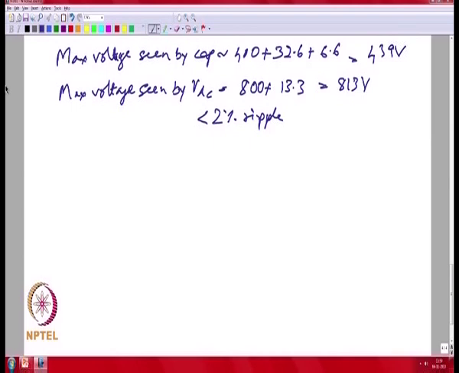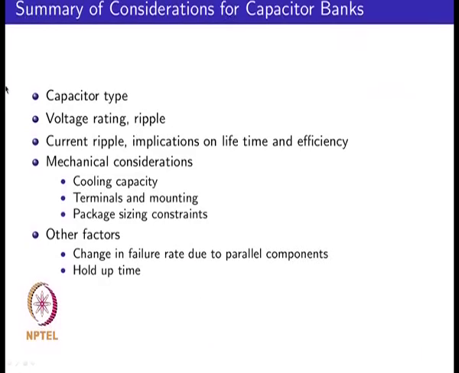So, if you look at the overall design of the DC bus capacitor bank, we saw that the first thing that you decide is the type of capacitor you want to use. In a voltage DC bus of a voltage source inverter, an electrolytic capacitor is common.